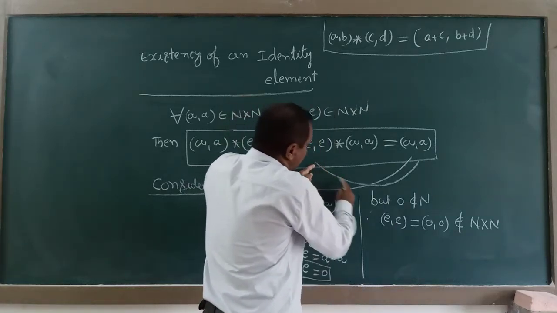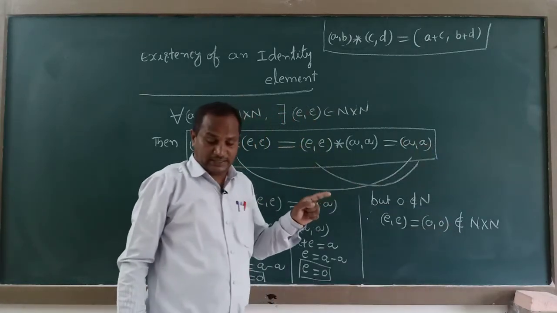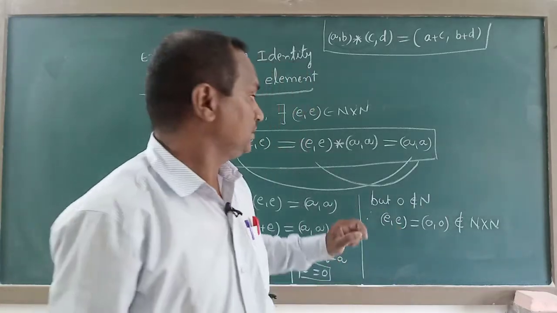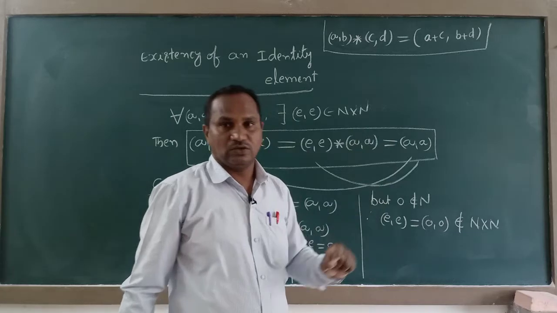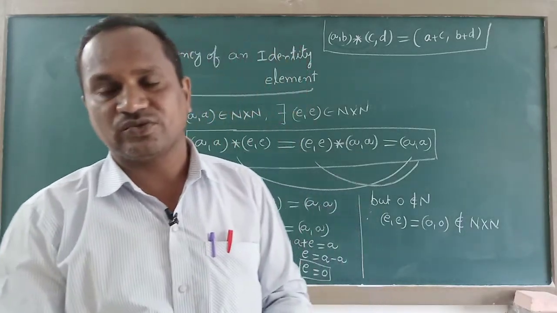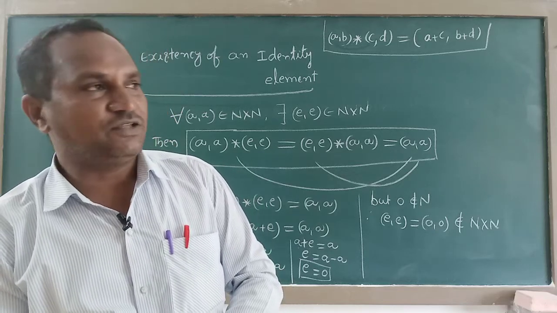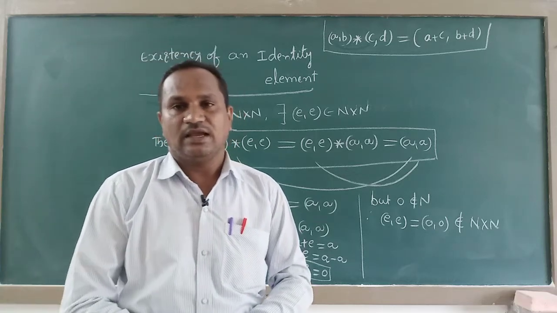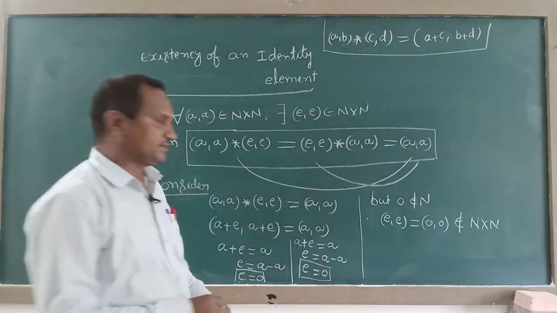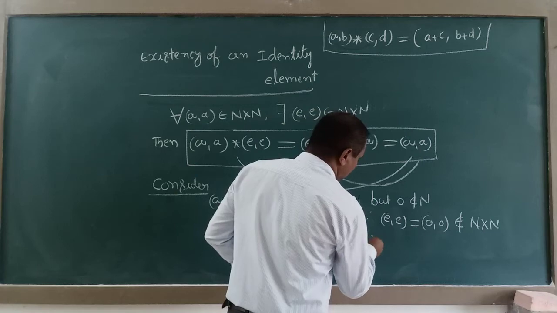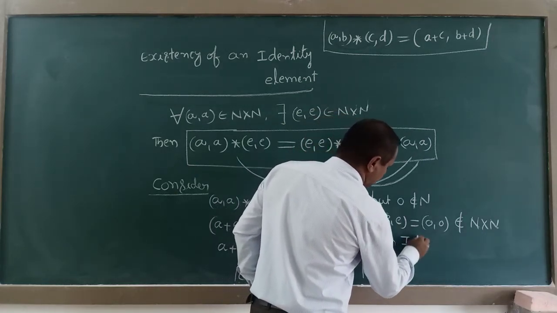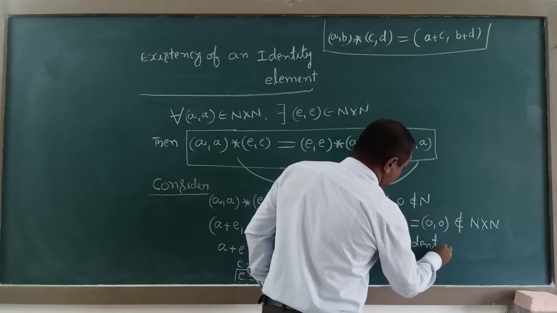Even if you equate the other two also, there also you are getting the identity element as 0 comma 0 only. But 0 comma 0 does not belong to n cross n. Therefore, easily we can tell that an identity element does not exist here. Therefore, an identity element does not exist.